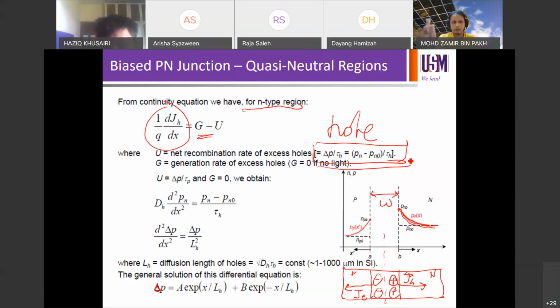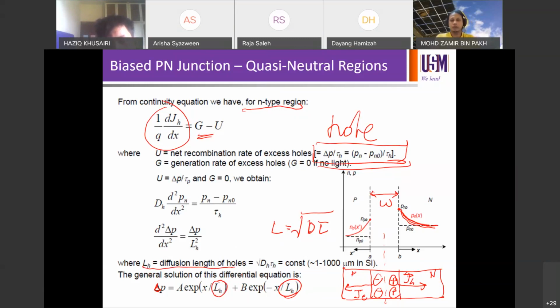It can be represented by A times exponential of X, where X is the depth over the diffusion length of holes. Remember we discussed last time, L equals the square root of D tau, plus B times exponential of negative X over the diffusion length as well, right?